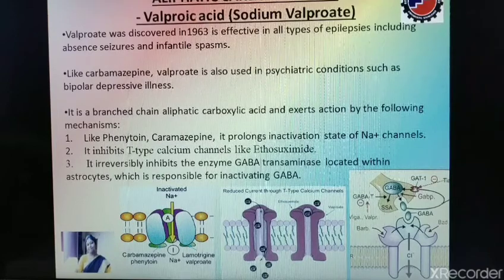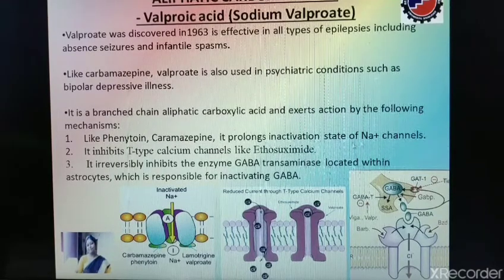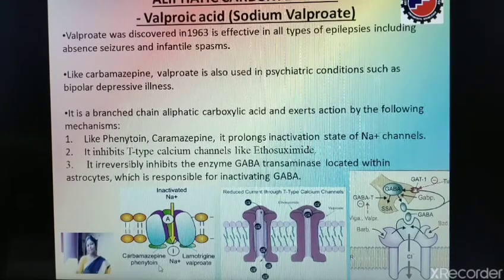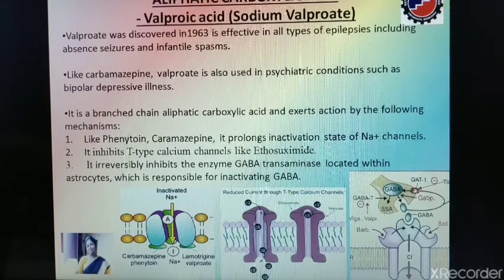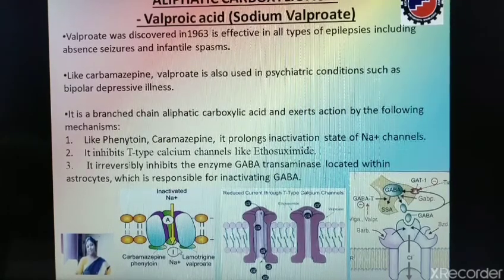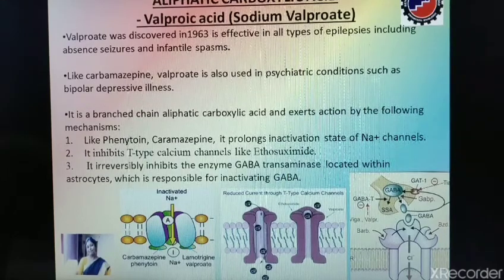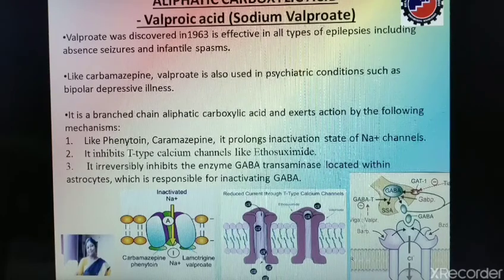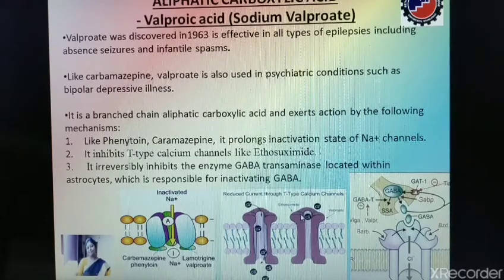The first one is that it prolongs the state of sodium channel inactivation. So just like phenytoin and carbamazepine, this is the third drug we find which prolongs the inactivation state of sodium channels. The second mechanism is that it inhibits the transient calcium channels, just like ethosuximide.